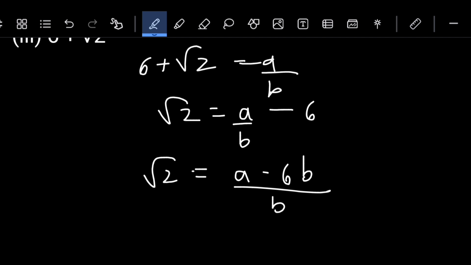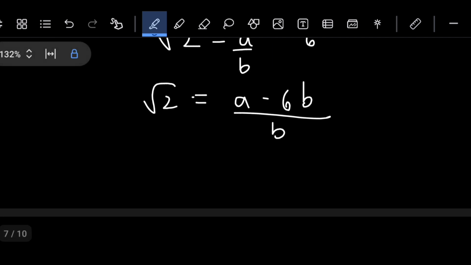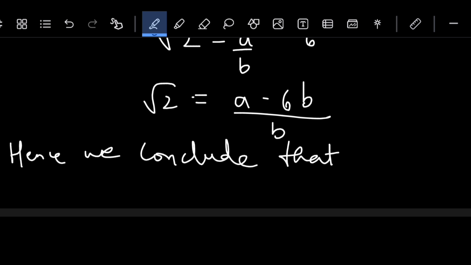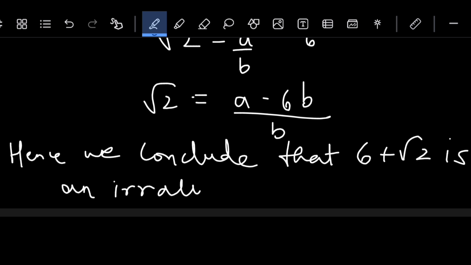But this contradicts the fact that we know root 2 is an irrational number. Hence we conclude that 6 plus root 2 is an irrational number. Understood? Any doubts?